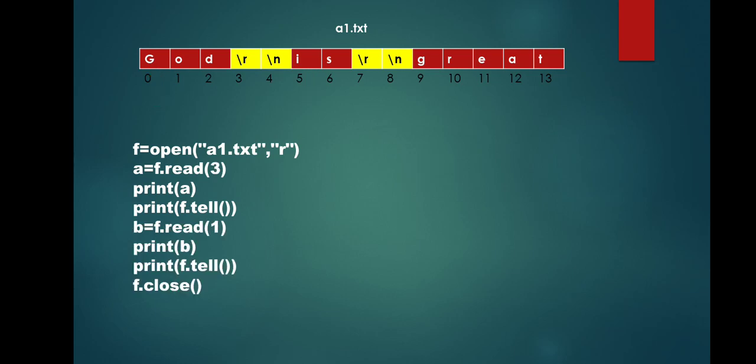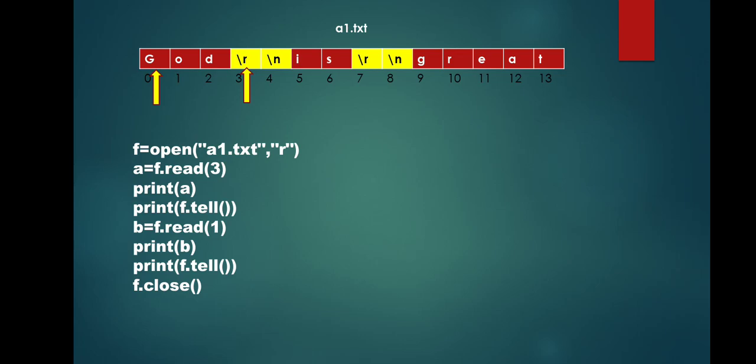Okay, now the next example. I am taking the same file. Again the file is opened in r mode, and so the cursor is positioned at the 0th byte. Now I have read 3 characters. The characters that will be read are God. Now if I find the current position, where will the cursor be positioned? It will be positioned at byte number 3, right?